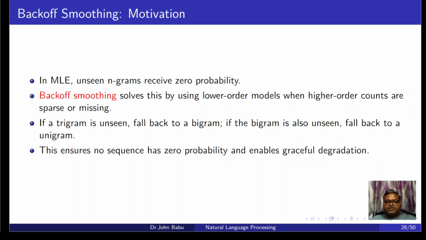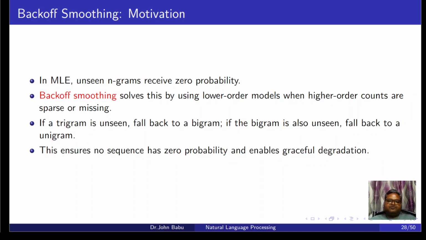The first one is known as Backoff smoothing. Backoff smoothing is a simple technique. For example, you are dealing with a trigram, "he is playing". That is not seen, so "he is playing" has zero probability.